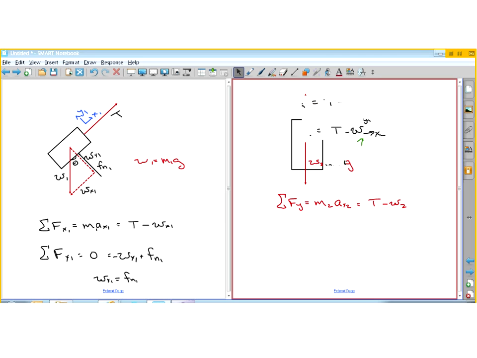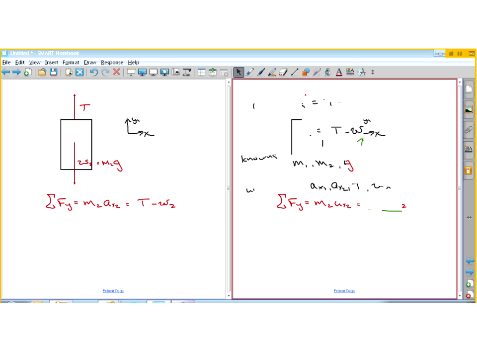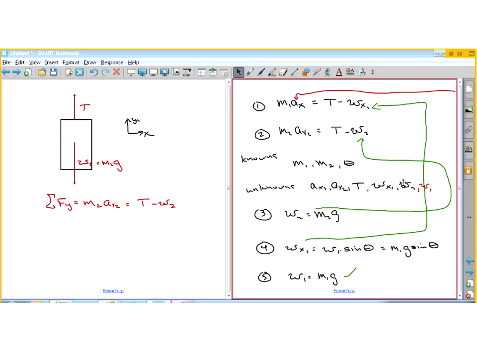So we ended up with 2 equations, but I think originally 5 unknowns, so we needed at least 5 equations. W2 is equal to the mass of the object times acceleration due to gravity. The x component of the weight for object 1 is W1 sine theta. W1, the weight, is the mass of object 1 times g, so I substitute this into there to get that.